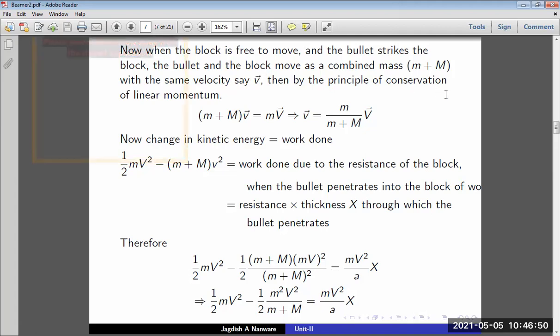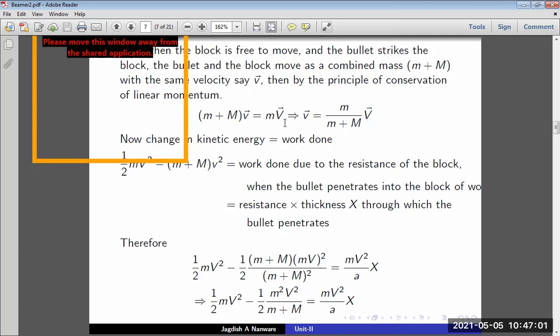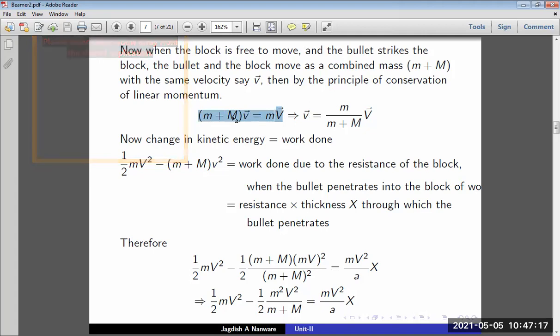Then by the principle of conservation of linear momentum, we can see that. Here this is the combined mass, and this is its velocity, and this is the mass of the bullet and it has some velocity. So by the principle of conservation of linear momentum, we have this, and from this you can find the value of small v.